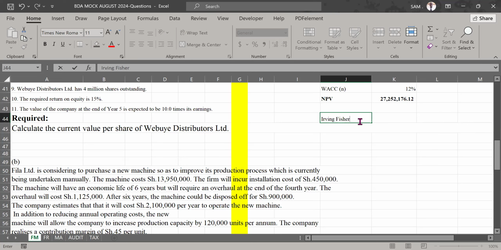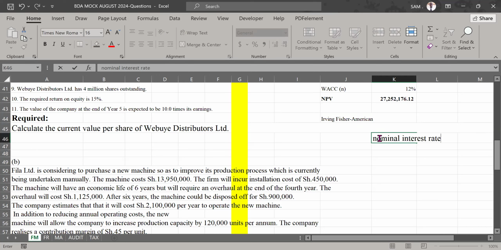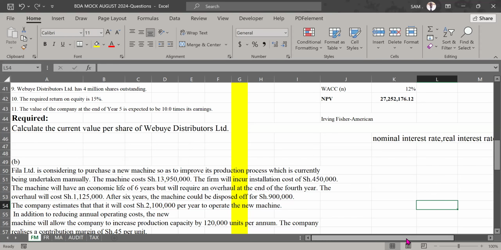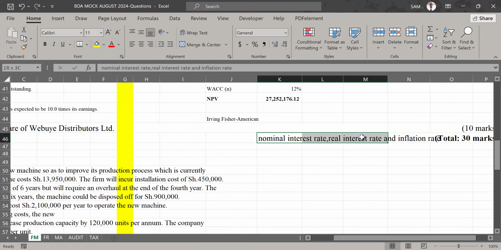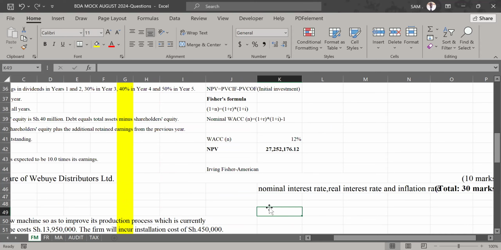He is the person who brought us the relationship between these elements: nominal interest rate, real interest rate, and inflation rate. That's how Fisher came up with how to adjust and get your nominal cost of capital or discounting rate after taking care of these adjustments.